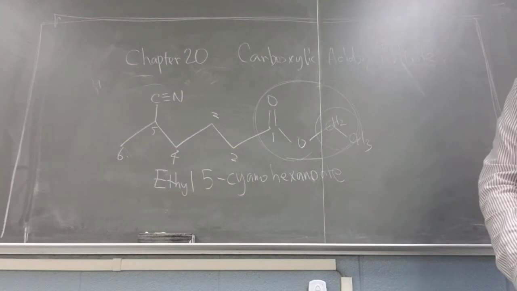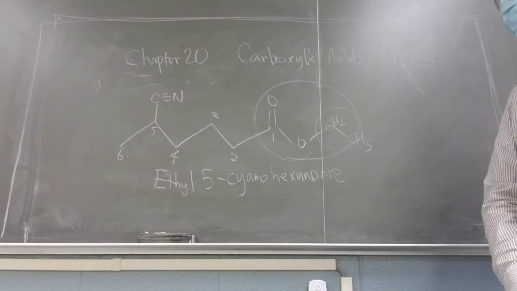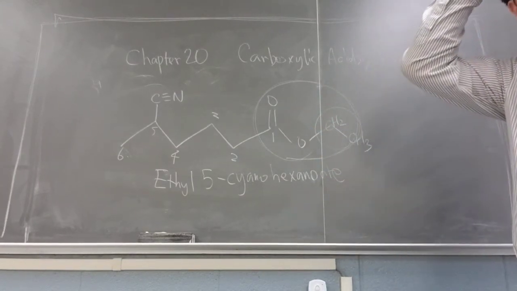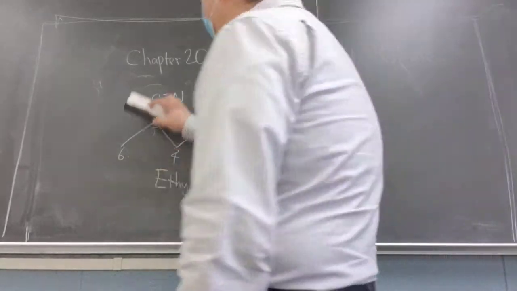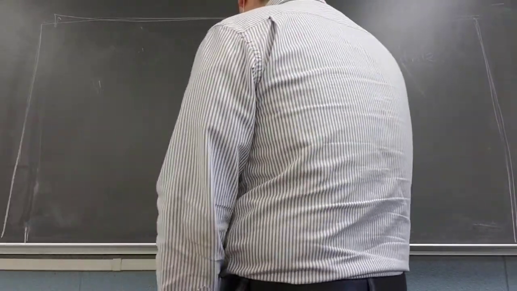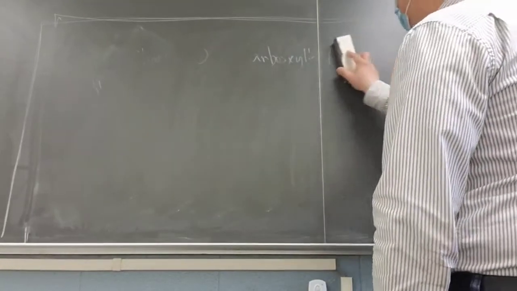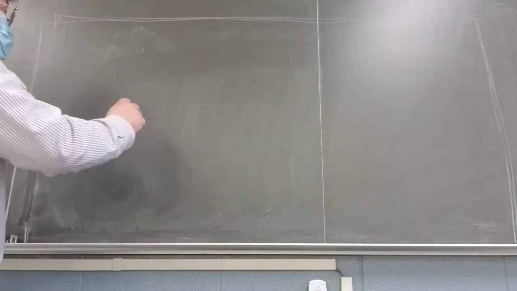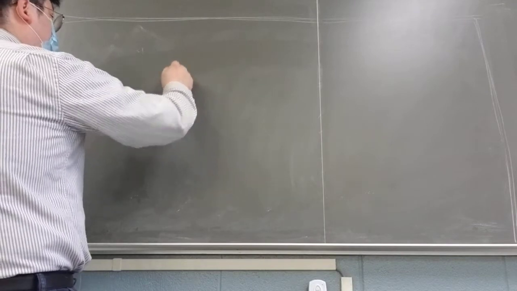Okay. Can I move on or do one more? Okay. So that was for the nomenclature. Now we're going to talk about some characteristics of the carboxyl compounds first. One good example I can give you is this one.